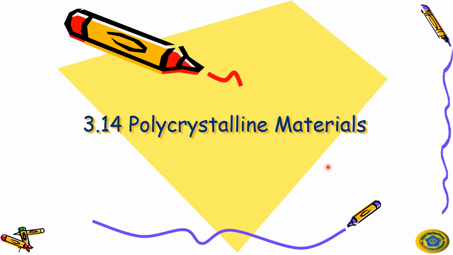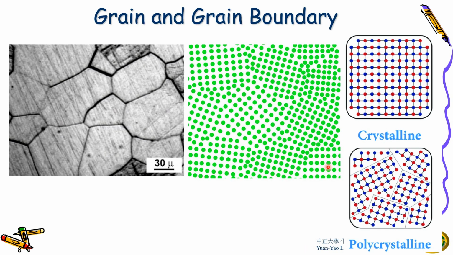Now let's take a look at the polycrystalline material. This is what you just learned, right? This is polycrystalline. As you can see, it's not perfect, but it's not so imperfect. In some regions, this part is perfect, but you have small perfect regions and then more small perfect regions. You put all the perfect regions together, and then you will have something like this.